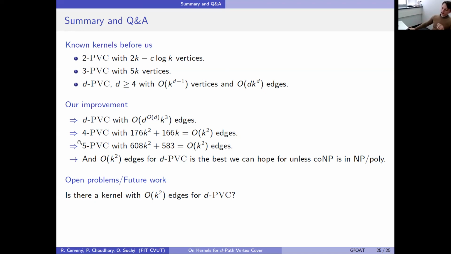Or I should say that the technique that we used for 4 and 5 PVC is problematic to adapt to the general case. You can probably see why if you go over that once more. And that's the end of my presentation.